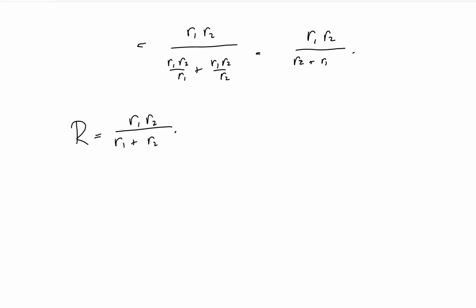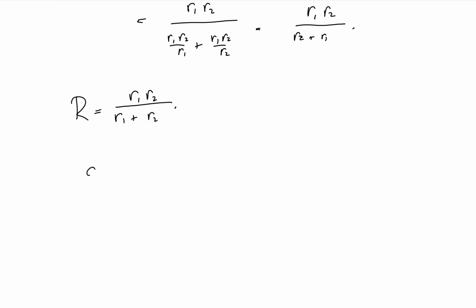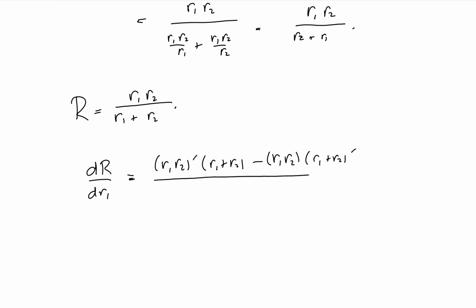And now we're in a position where we can use quotient rule to take this derivative. Remember, R2 is being treated as a constant, so this is the derivative of the top times the bottom minus the top times the derivative of the bottom all over the bottom squared.